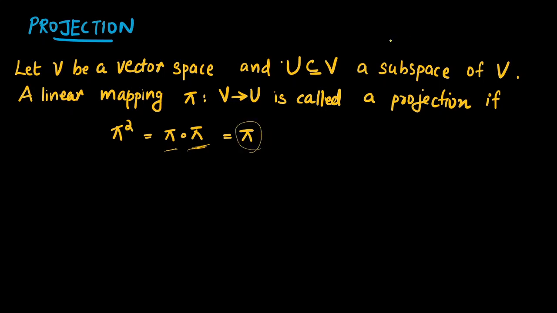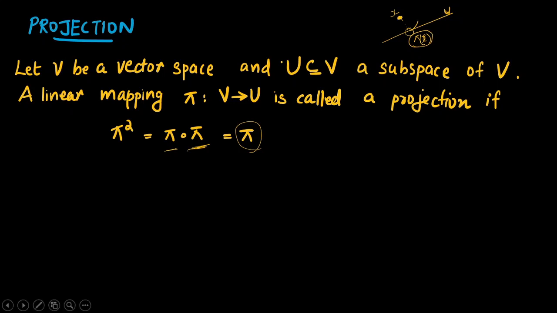Suppose in a plane, this line is U, the subspace, and this is a vector x in space V. If you find the projection on this line, this is pi of x. When you again try to find the projection of pi of x, it will be the same vector itself; it should not change.